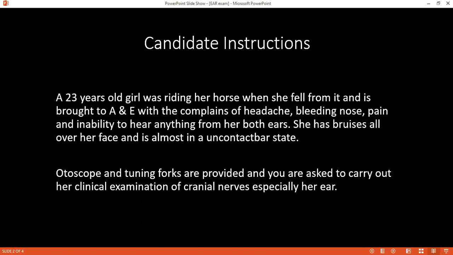So if you have read and understood, considering the clinical examination station, kindly begin.